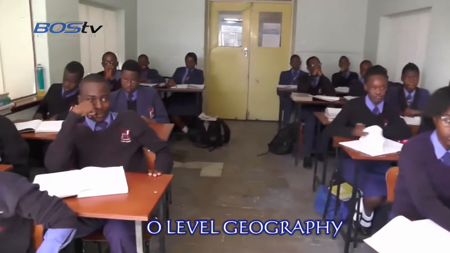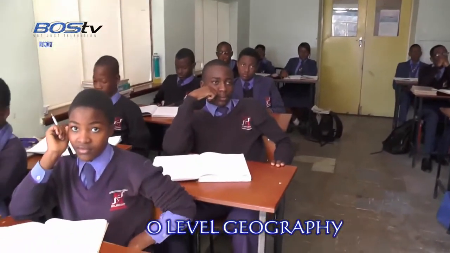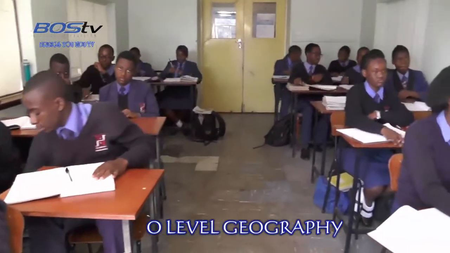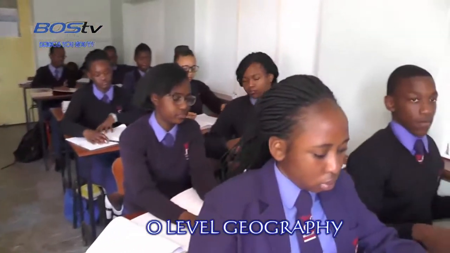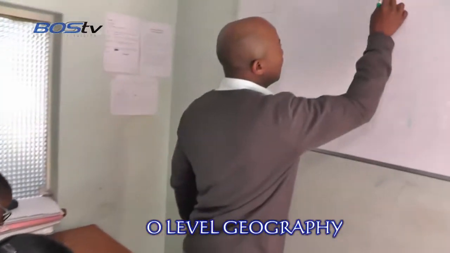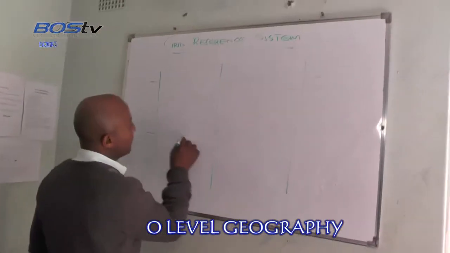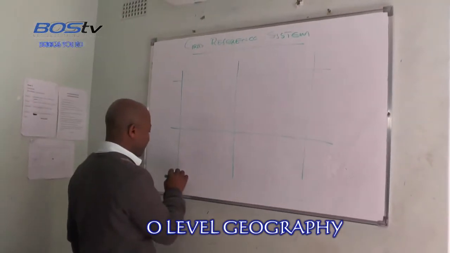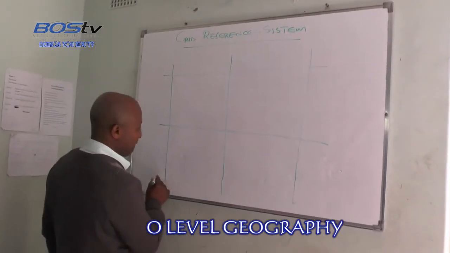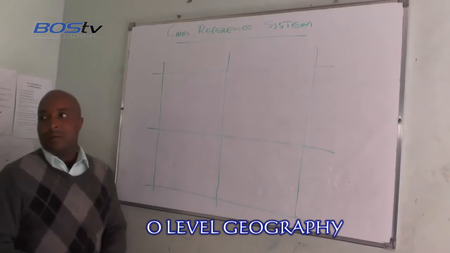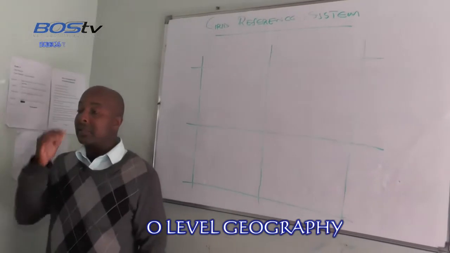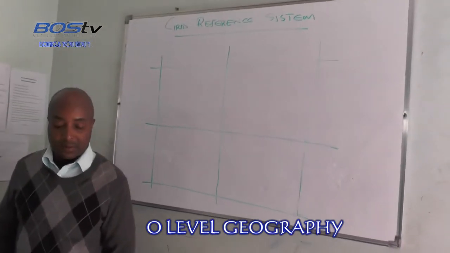So we want to take it from there, and I want you to draw the diagram that I'm going to draw here. Make sure that your diagram is big, just as big as mine. Right, each man for himself. You're supposed to be having your own mathematical set, your rubber, your pencil.